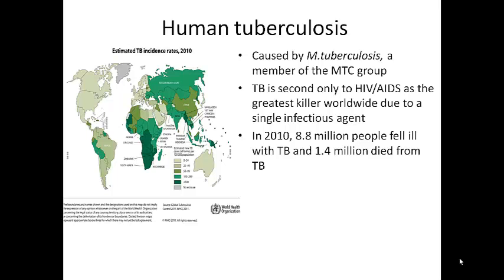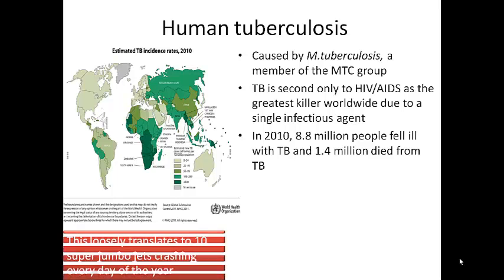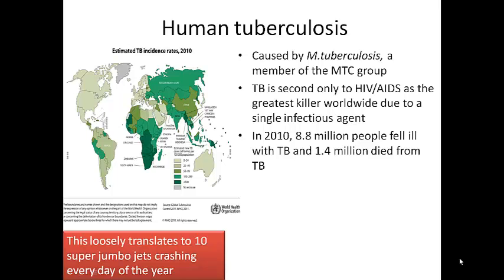In 2010 alone, close to 9 million people were ill because of tuberculosis, and close to 1.5 million of these actually succumbed to this disease. Now, to put this in context, this is equivalent to 10 super jumbo jets crashing full of people every single day for the whole year.